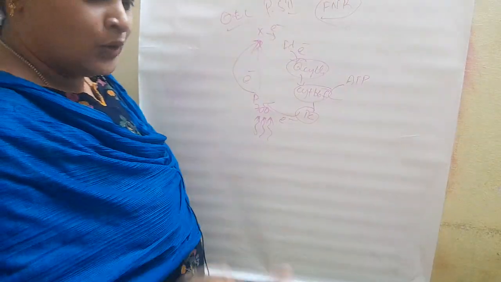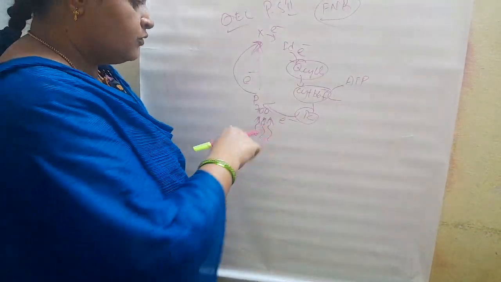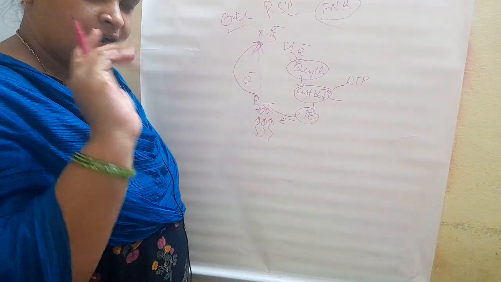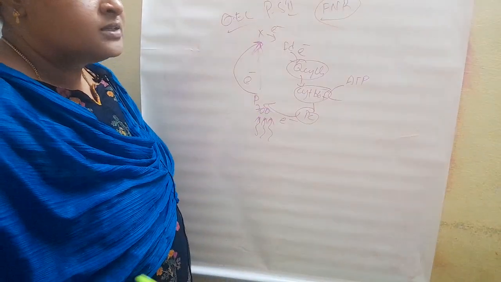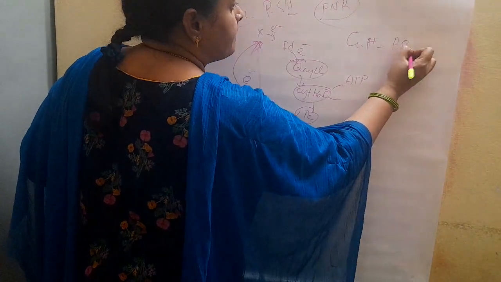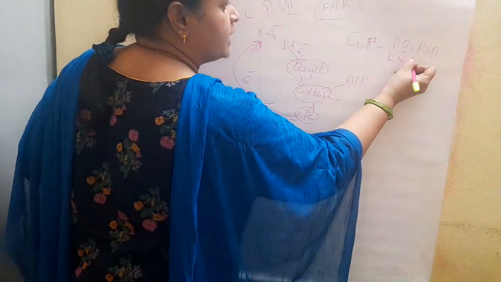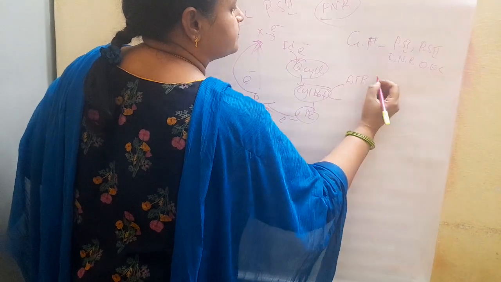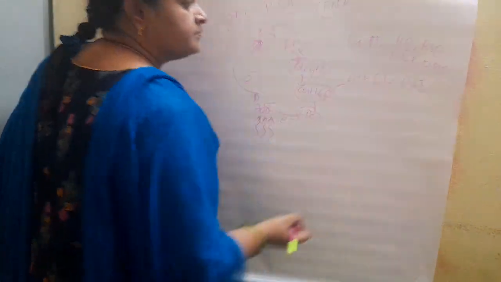So no OEC, no PS2, no FNR. Only one is there, P700, which is seen only in stroma thylakoid. So in grana thylakoid, PS1, PS2, FNR, OEC are there. In stroma thylakoid only PS1 is there.